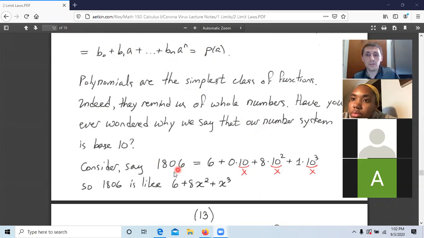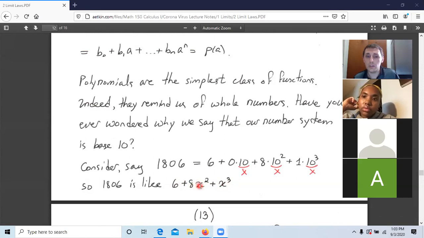So what you have here is, let's say, the number 1806. What is it really? Why do we call it base 10 system? Because this is 6 plus 0 times 10 plus 8 times 10 squared plus 1 times 10 cubed, which is very similar to the polynomial 6 plus 8x squared plus x cubed. You see that?